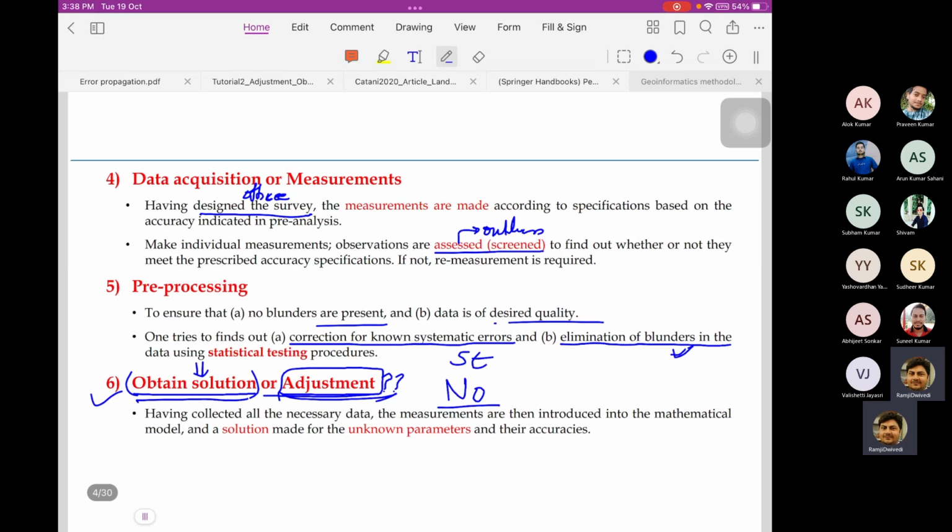That's very much true. But that approach giving us the unique solution can be justified by simply saying obtaining a solution. Okay. What do you mean by adjustment? And what is the core component of the adjustment?